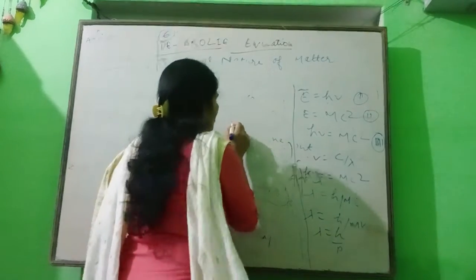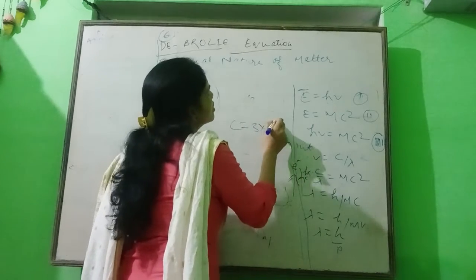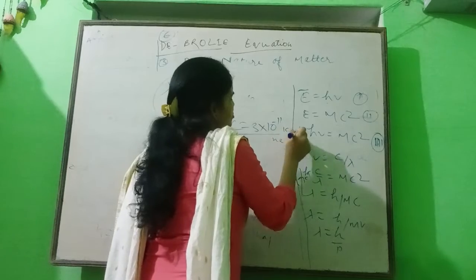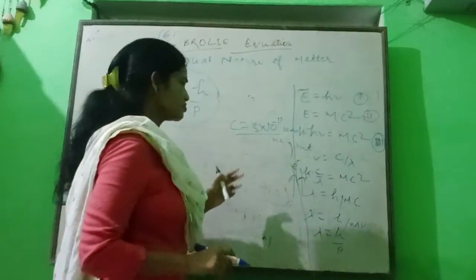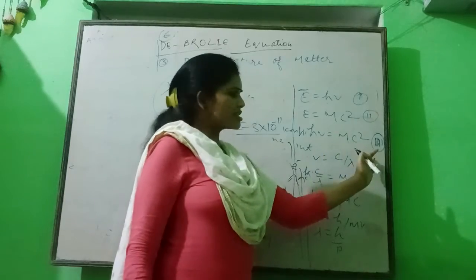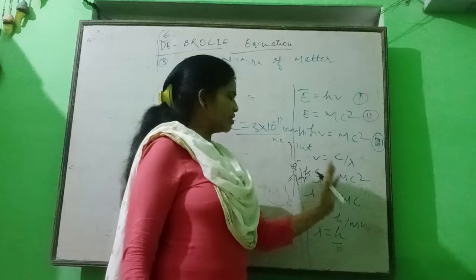Now, according to the Einstein equation, a mass body contains E is equal to mc square, where c is the velocity of light, 3 into 10 to the power 8 meter per second. So h into nu is equal to mc square, where you can put nu is equal to c by lambda.